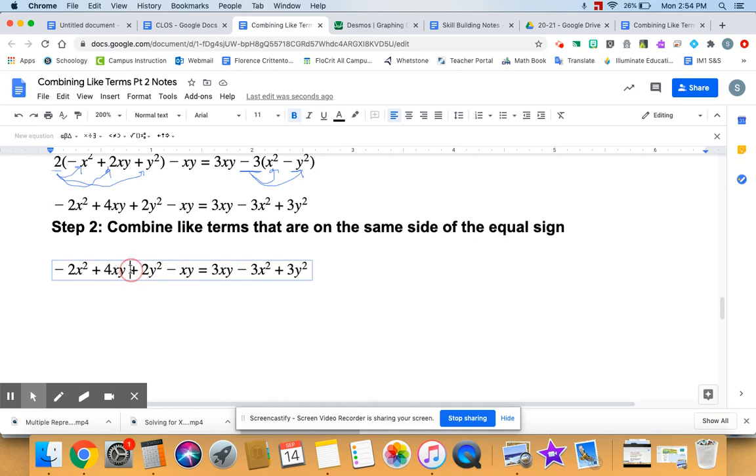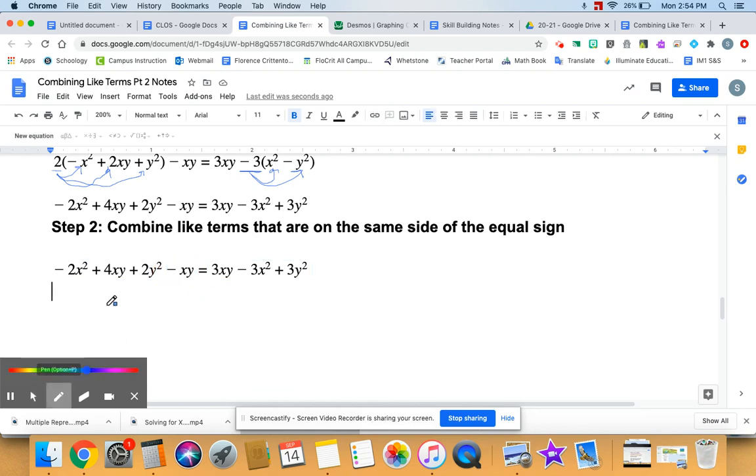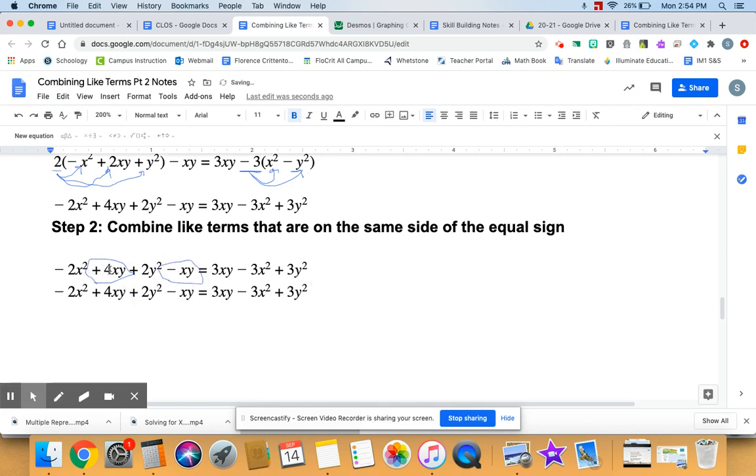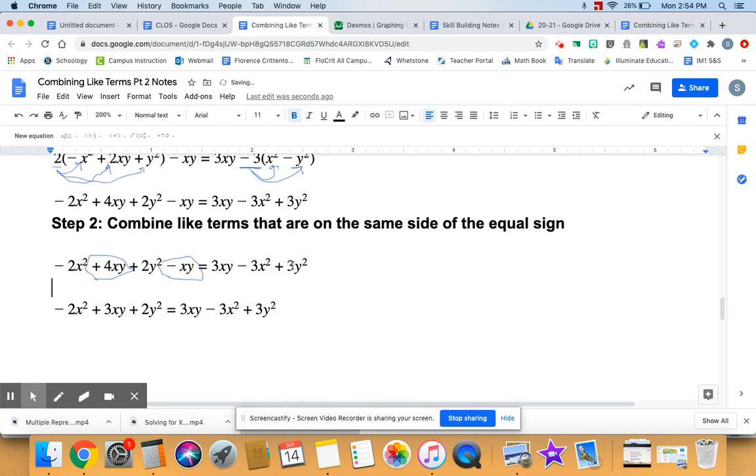On the right, do I have any more xy's besides these 4's? No. Oh, look, here's a minus xy. So I can combine these 4xy's, they're positive 4xy's, with this negative xy. So when I do what's 4 minus the 1xy, it's 3xy's.